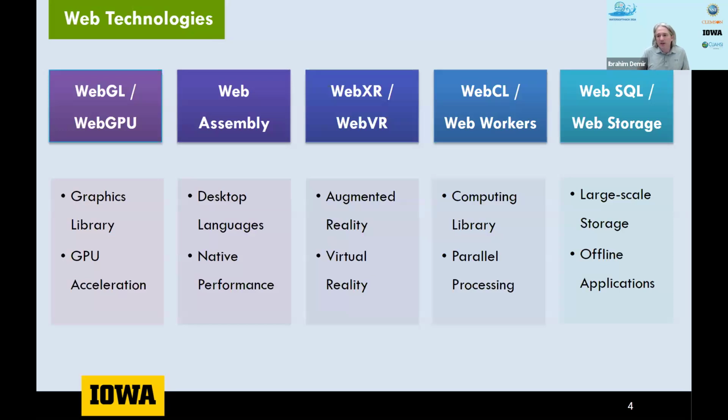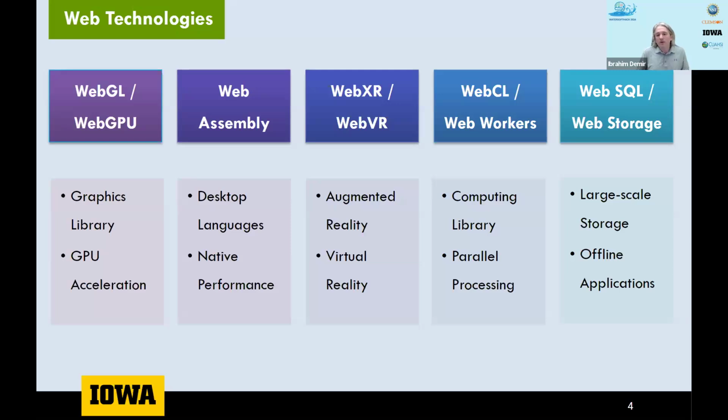The web has definitely been growing significantly over the last couple of decades. We now have libraries that can access the graphical processing units, using the full power of GPUs for AI applications, visualization applications, and analysis applications. The WebAssembly standards and libraries allow you to run desktop-level languages directly within the web, so you can compile your C code, Python code, Fortran, or other languages to work within the web.